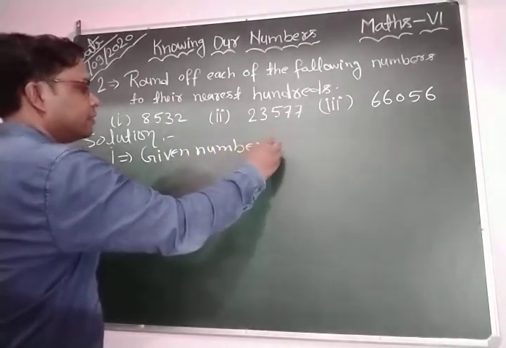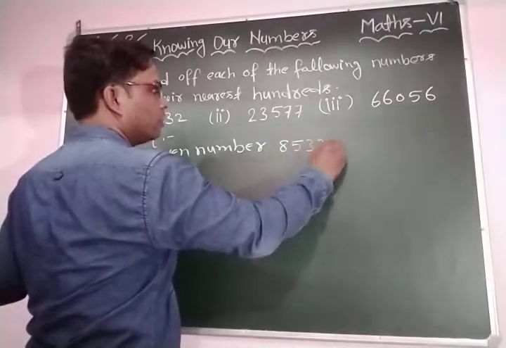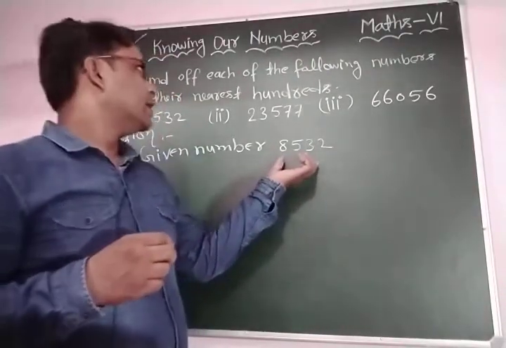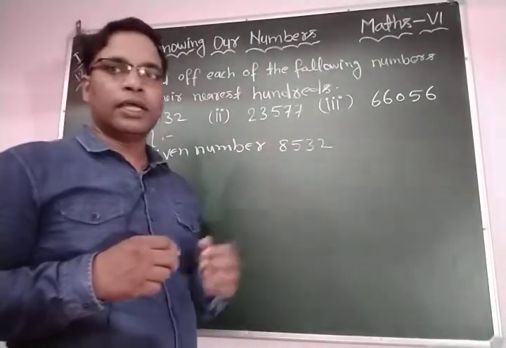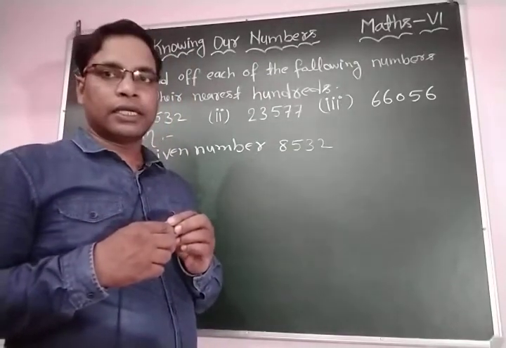The given number is 8532. We need to find the rounding of this number to the nearest hundreds. So for the hundreds place we check the tens place.